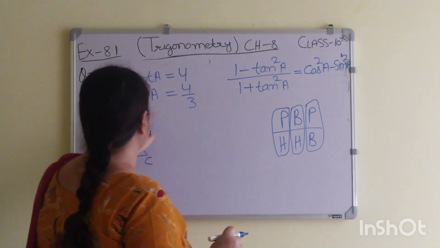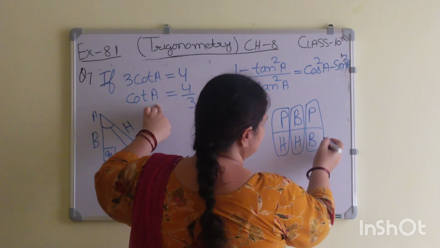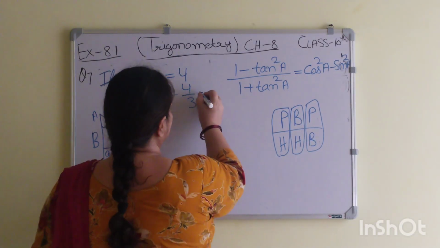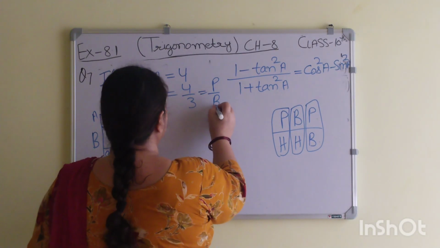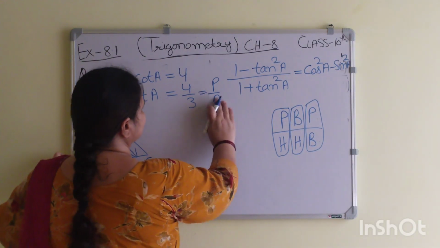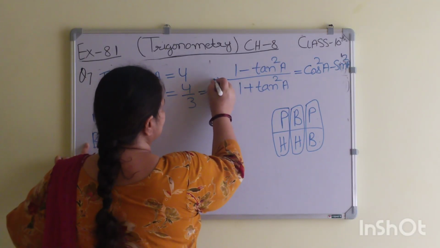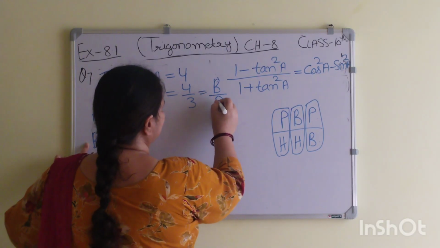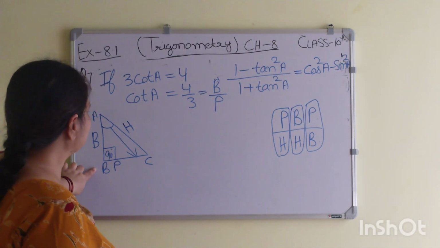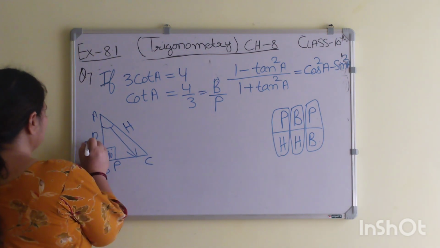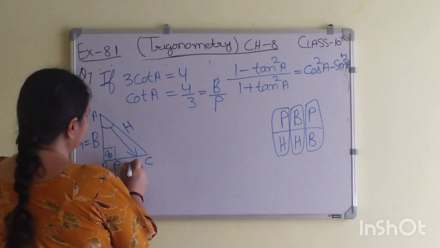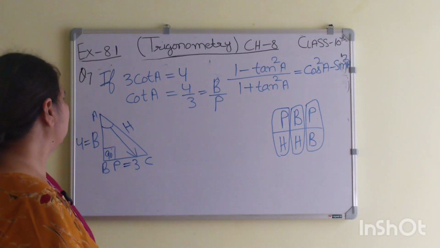Now we find cot A. So cot A will be base upon perpendicular. So base AB is the base.